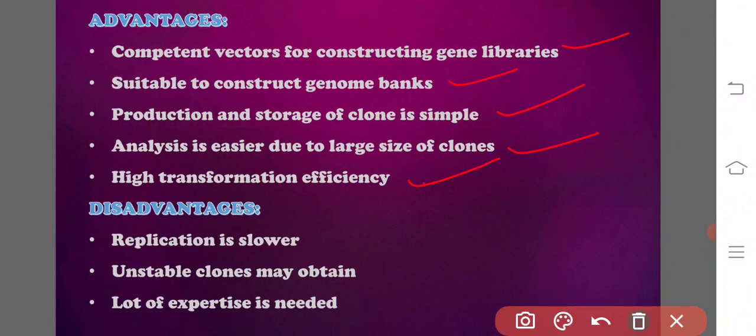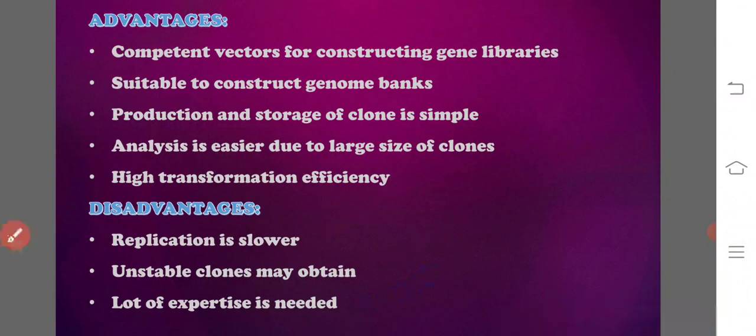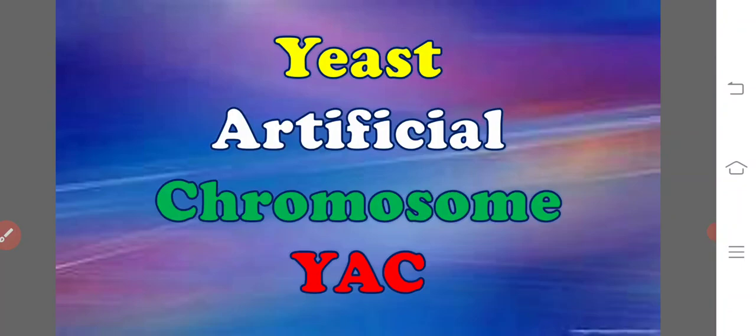And disadvantages: replication is slower, unstable clones may be obtained, a lot of expertise is needed to construct a plasmid vector and for cloning in the plasmid vector. And coming to the yeast artificial chromosome as the cloning vector, YAC, yeast artificial chromosome.